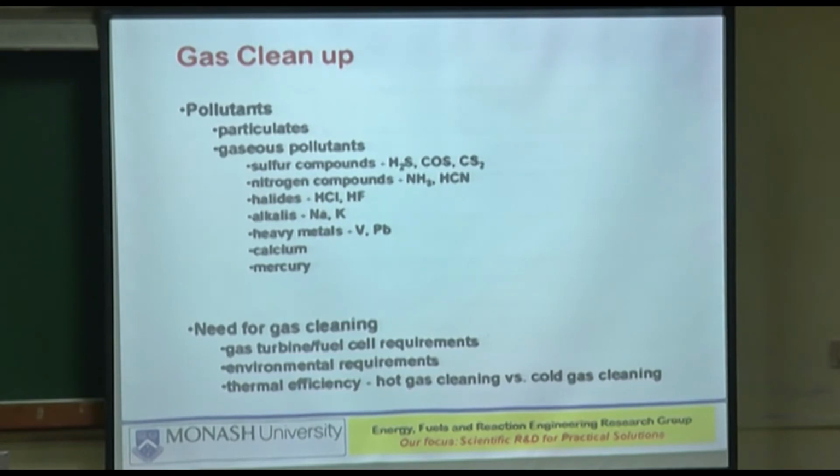Then you can also have the heavy metals, depending on how much is present in the first place. So the heavy metals can be vanadium, lead, selenium, and a few other species as well. But vanadium is of strong interest.